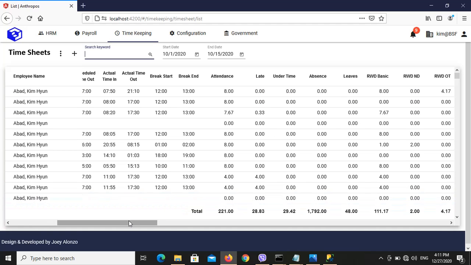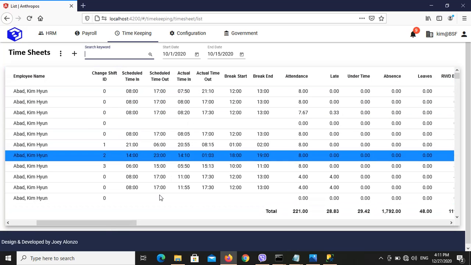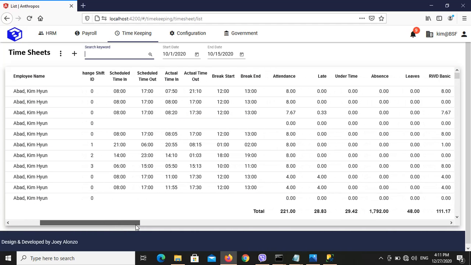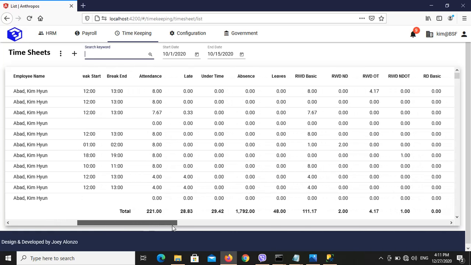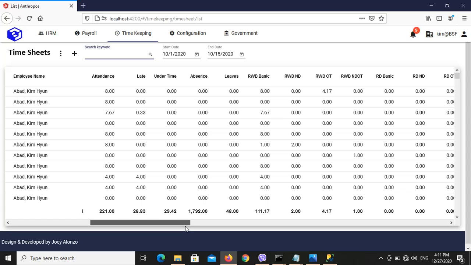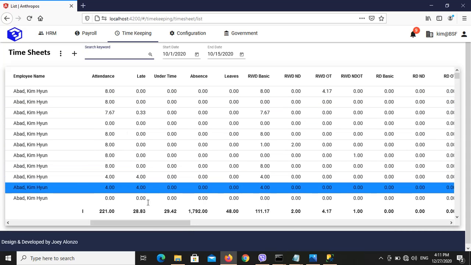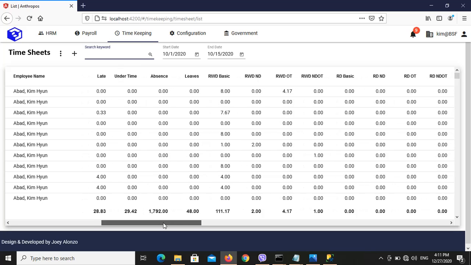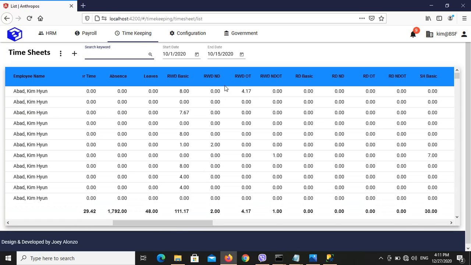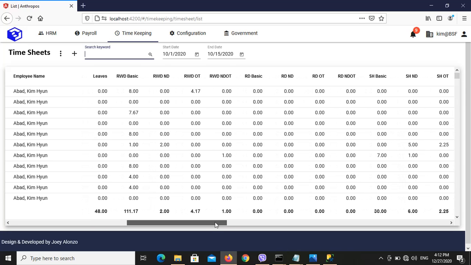Okay, and then here we have the actual time in and time out, and also the scheduled time in and time out. So as I've mentioned in my previous video regarding generation of timesheet, attendance hours, which is actually the focus of our discussion, is the breakdown of RWD basic, RWD ND without the OT.